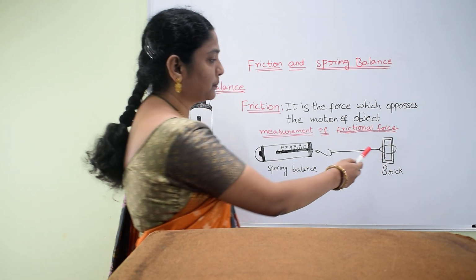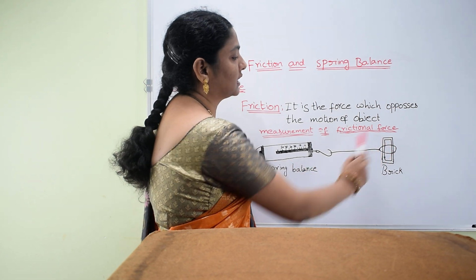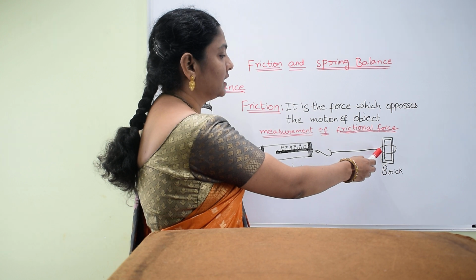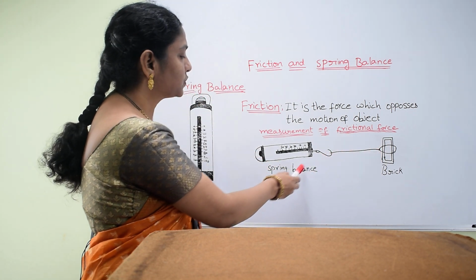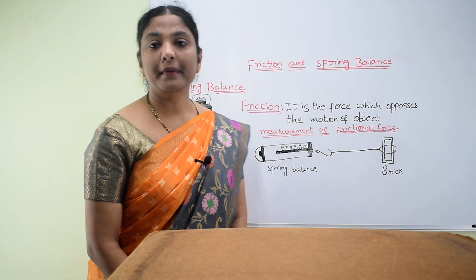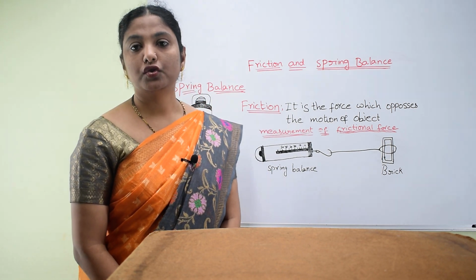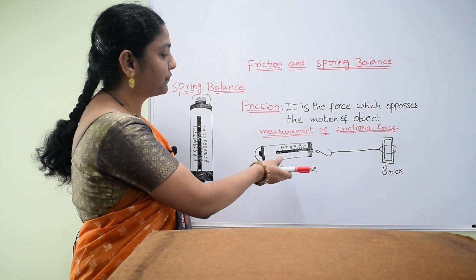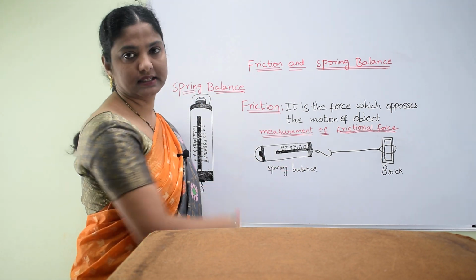I tie this brick with a strong thread, and I attach this thread to the spring balance. Now my work is to move this brick by applying force on the spring balance.